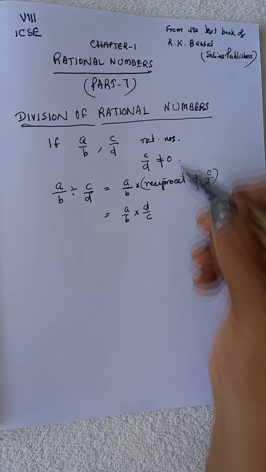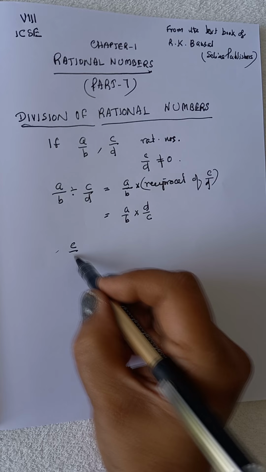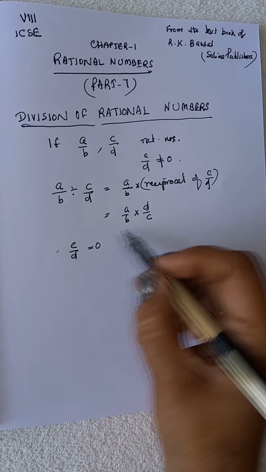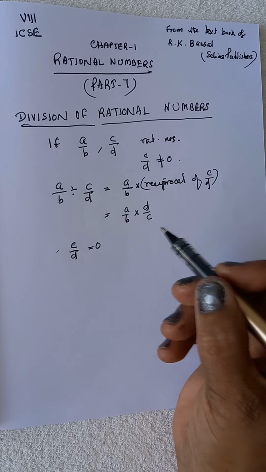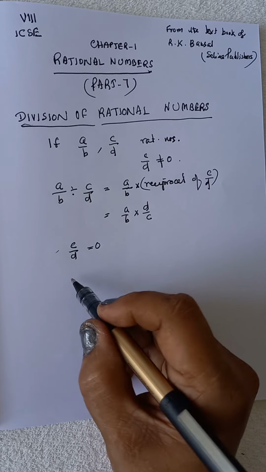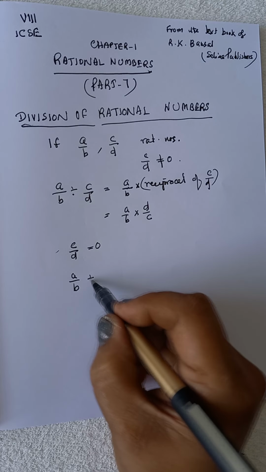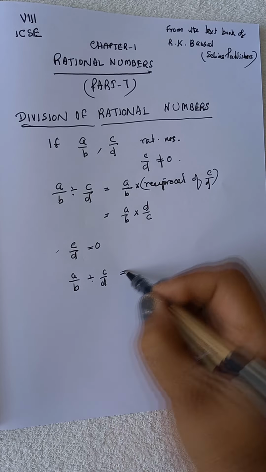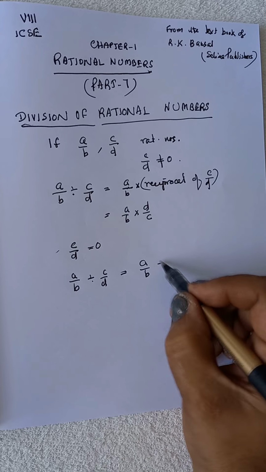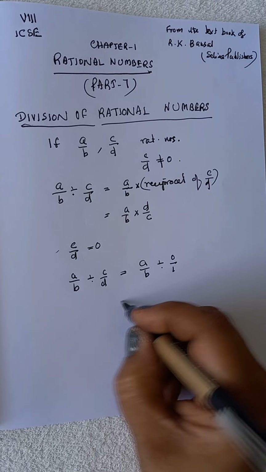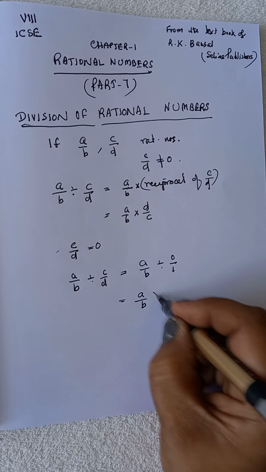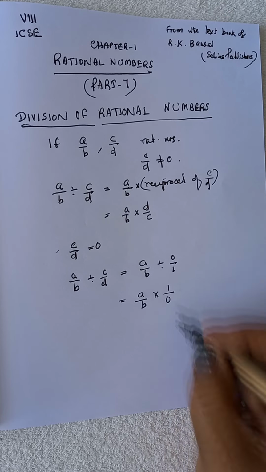Now if we take C by D as 0, 0 is a rational number. Now if C by D is 0, what is A by B divided by C by D? That is equal to A by B divided by 0. 0 means 0 by 1, and that is equal to A by B into 1 by 0, the reciprocal.